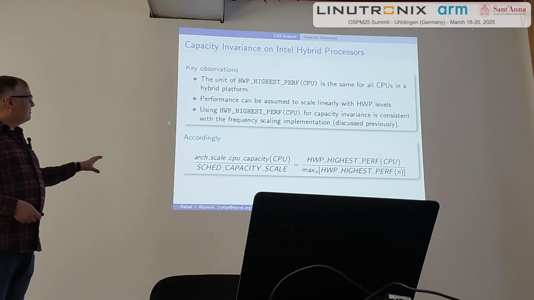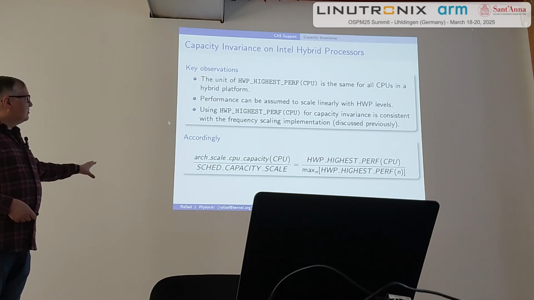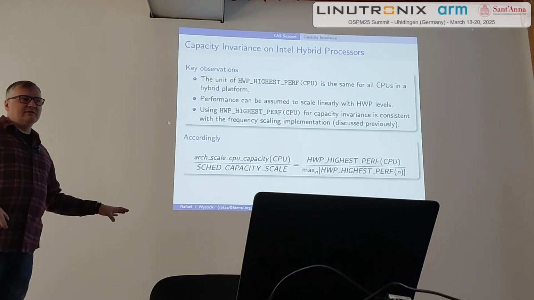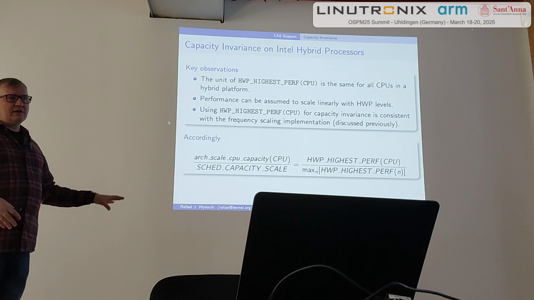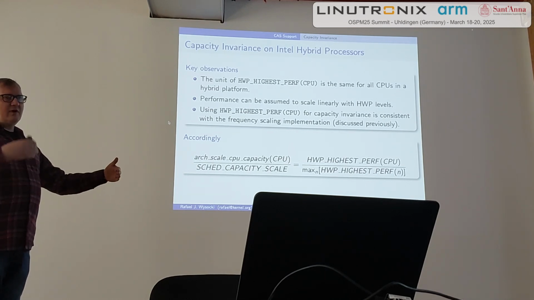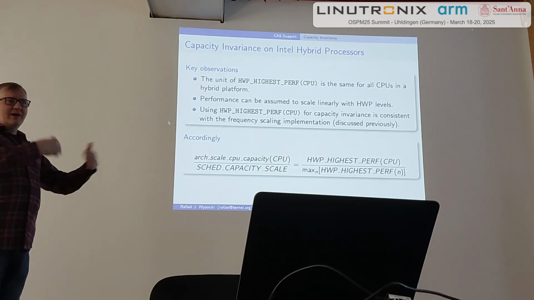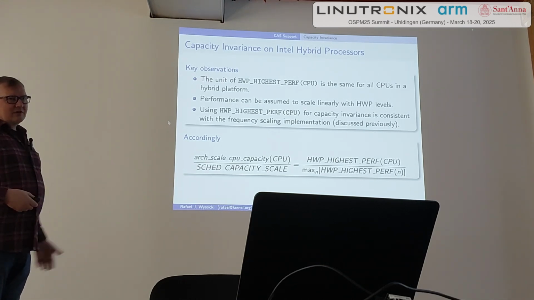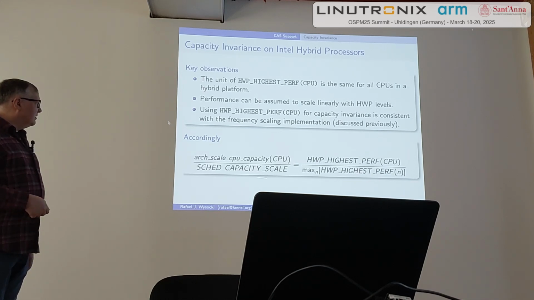Okay, so the previous slides were about frequency scaling. Now the capacity scaling is straightforward if you do it the way I said. The observation is that the HWP performance levels are in the same units for all CPUs in the system, and that actually is an architectural decision. Because it is in the same units, you can just take the highest performance of one CPU and the highest performance of the other CPU, divide one by the other, and then you get the scaling factor, like here.